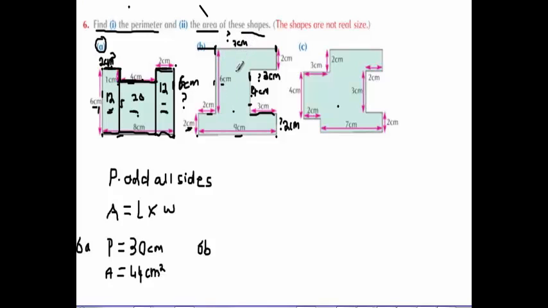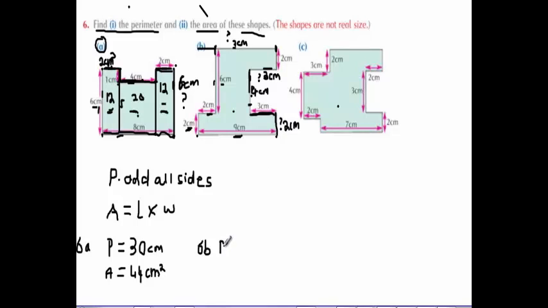Now I've got all of my sides filled in, so I can just add my perimeter. So I'll start here with 9 plus 2, that's 11, plus 2, that's 13, plus 6 is 19, 19 plus 7, that's 26, 26 plus 2, that's 28, 28 plus 3, that gives me 31, 31 then plus 4, that gives me 35, 35 plus 3, that gives me 38, and 38 then plus 2, that's going to give me 40.